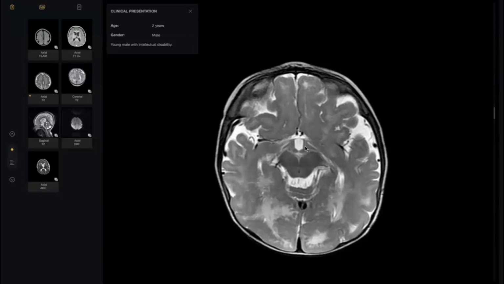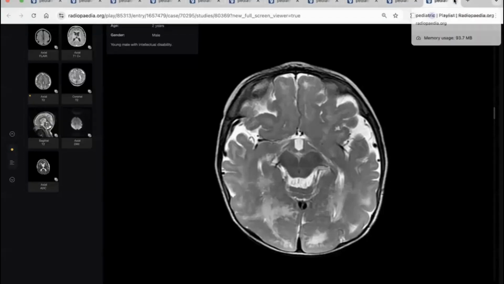Demyelination occurs later in life with inflammation of the white matter. Demyelination is acquired, dysmyelination is congenital. Thank you, doctor, so much.